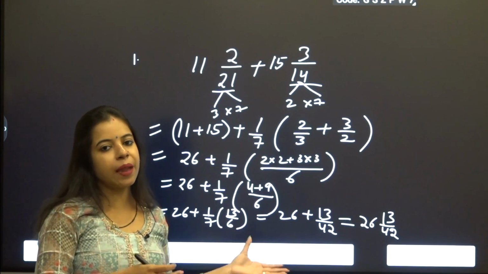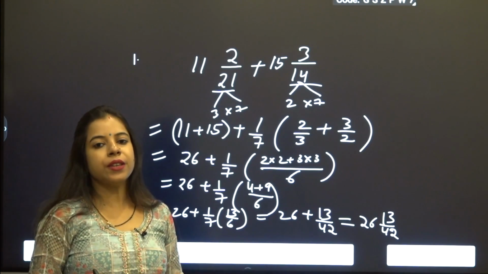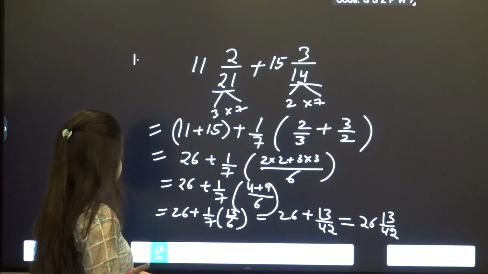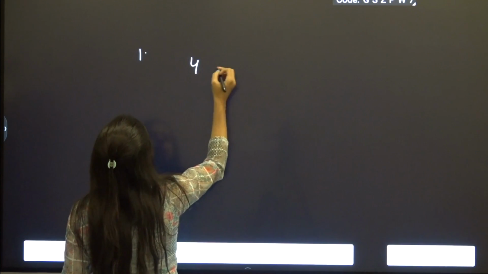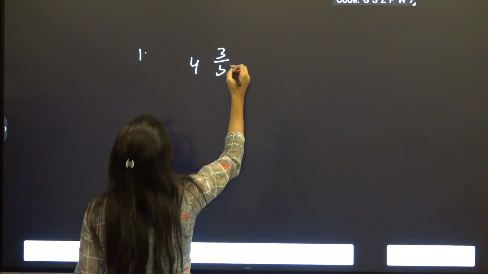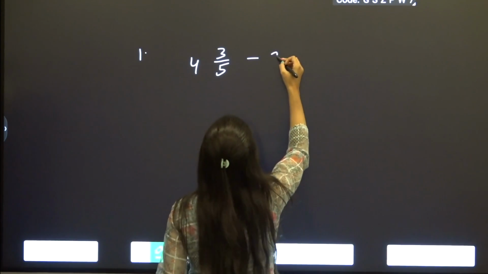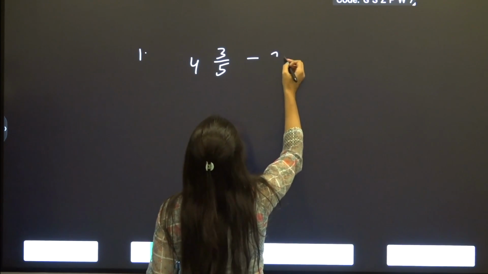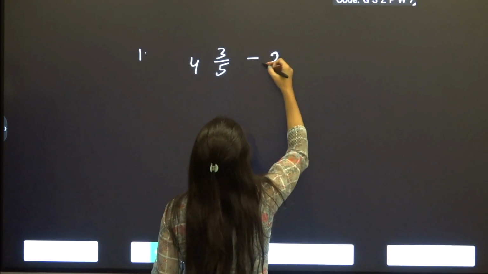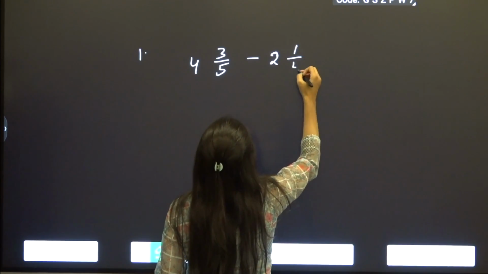The same can be done in case of subtraction as well. Let us take an example. If we have 4 3 by 5 minus say 2 1 by 5.